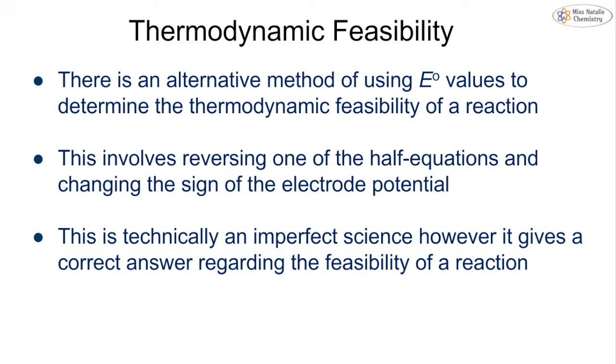There is an alternative method of using the E0 values to determine thermodynamic feasibility, and this involves reversing one of the half equations and changing the sign. So we've already seen that we reverse one of the half equations because we know that one of them must undergo oxidation, but we haven't touched any of the signs. Technically, you can do this and you will get a correct answer, but it is an imperfect science.